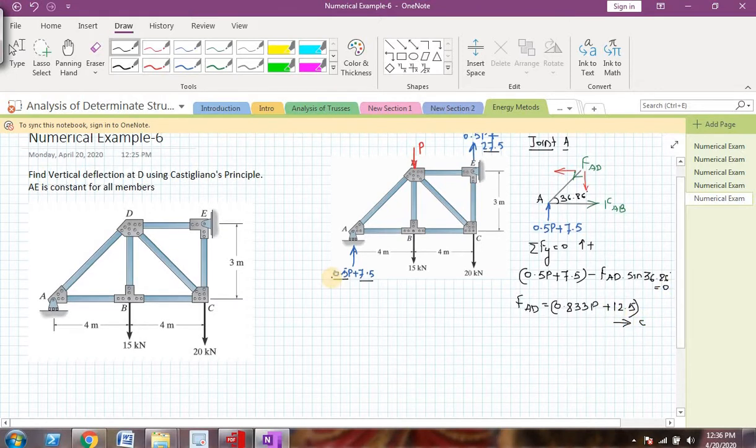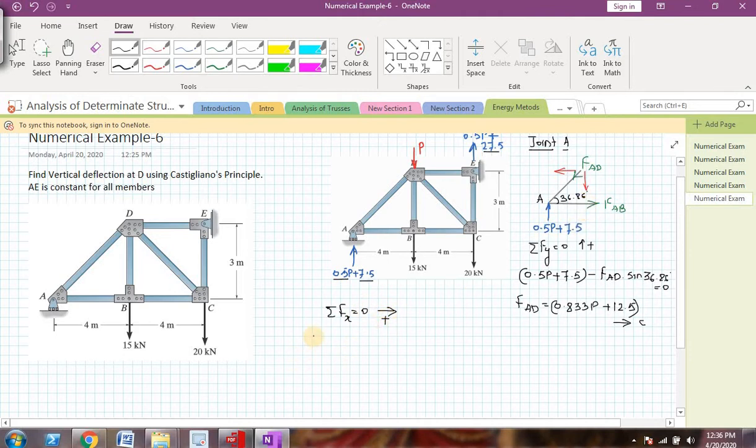Similarly, I will apply the next equilibrium equation, summation of Fy equal to 0. Sorry, I should apply the other equilibrium equation, summation of Fx equal to 0, taking all the forces in this direction as positive.